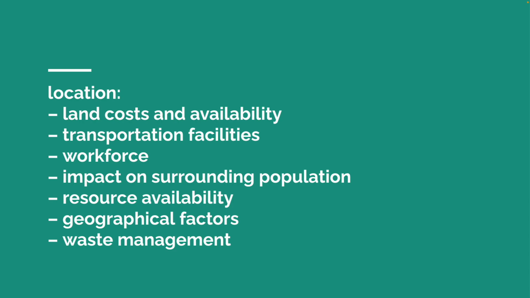Transportation facilities, to be able to move your products in and out, to get resources into it, and to be able to send your products out for sale. The workforce, they've got to be able to access it. The impact on the surrounding population is a consideration. Resource availability, so if you need a lot of water in your production process, then you're going to draw from that area and it needs to be viable.